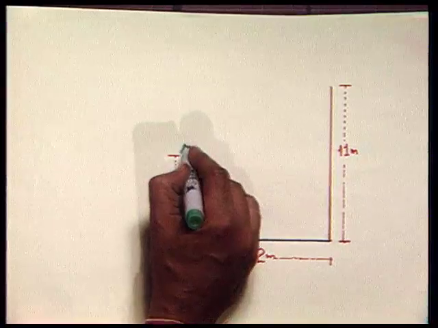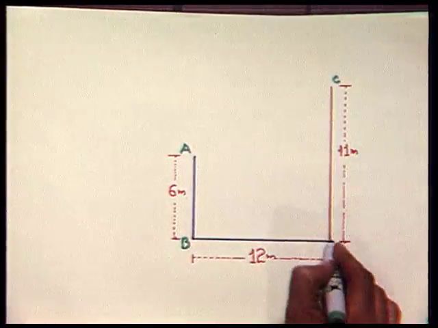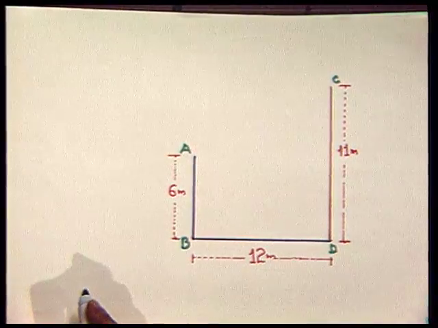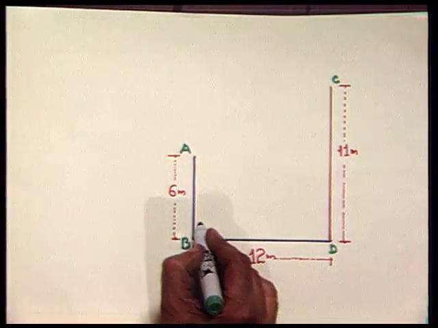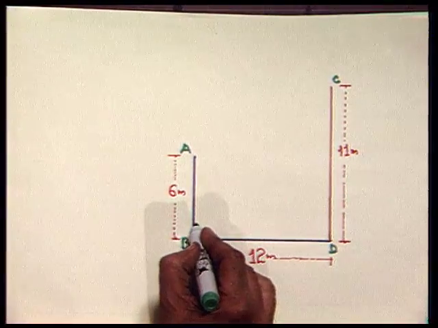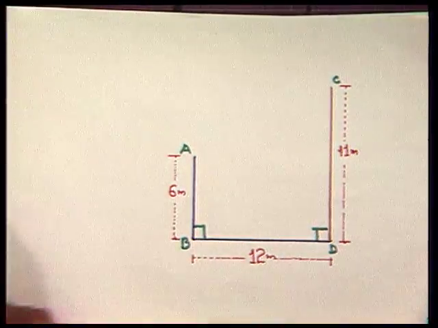Let this pole be AB and this pole be CD. Now, the distance between their feet is 12 meters. Since the poles always stand vertically on the ground, this angle is 90 and this angle is also 90.